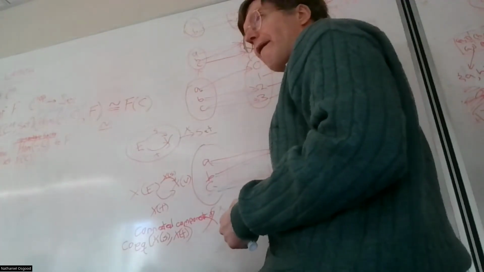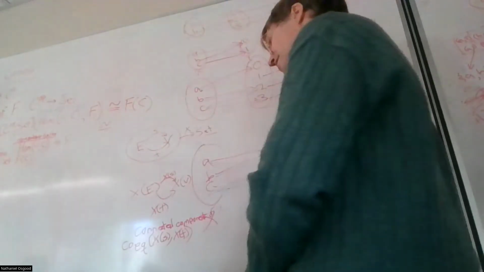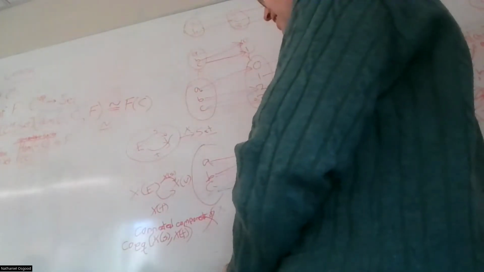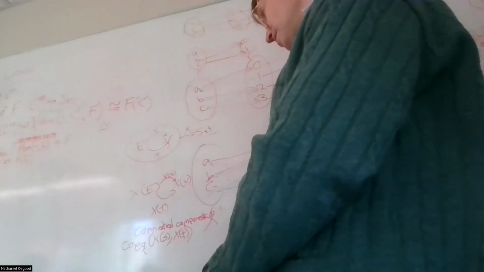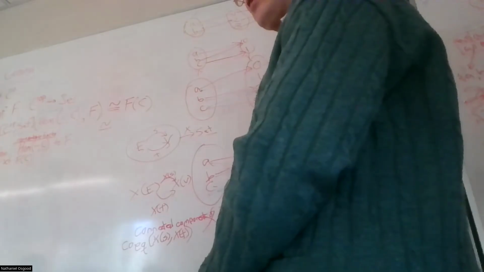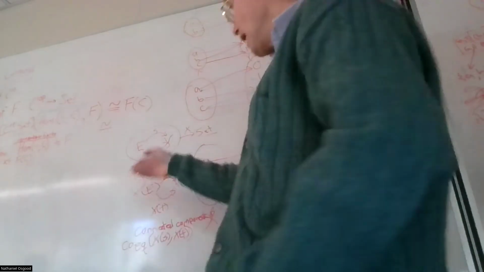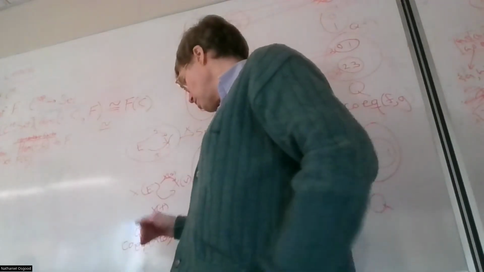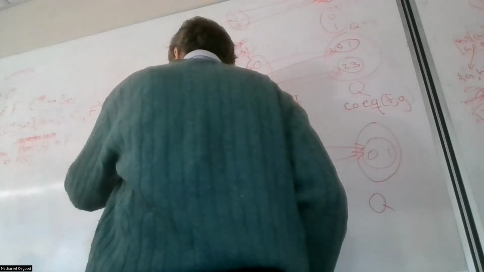But the equalizer for the schema of graphs is a subset of edges that have the same source and target. So in other words, reflexive edges, I guess, right?